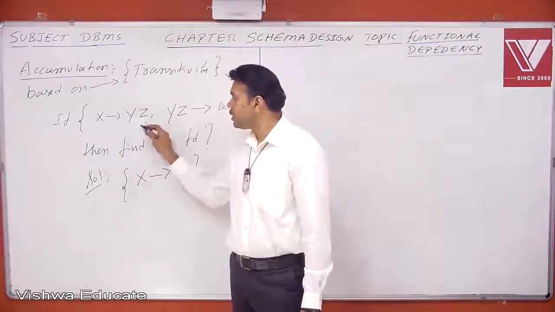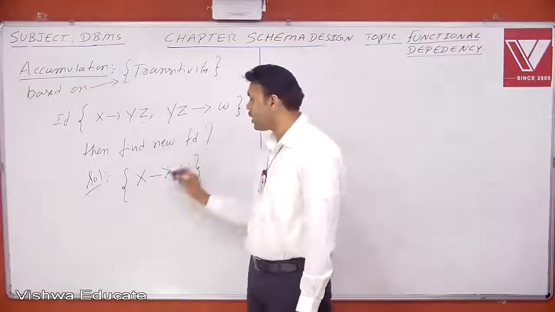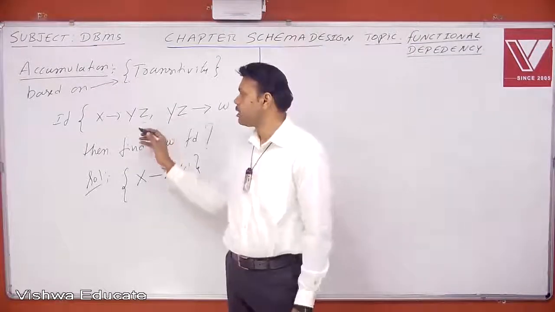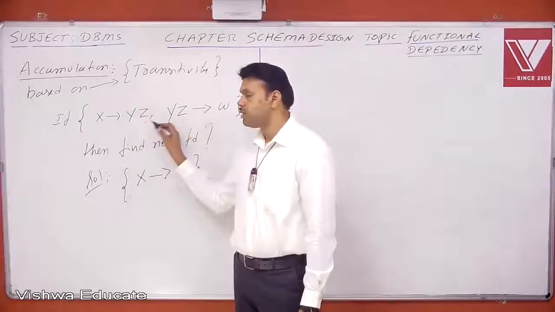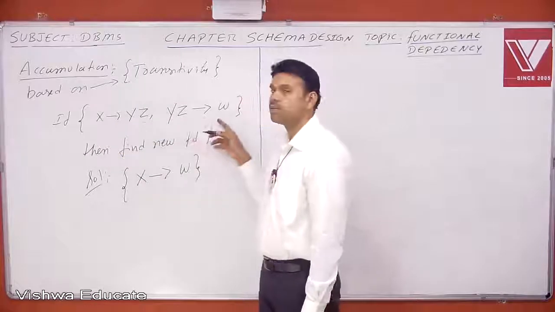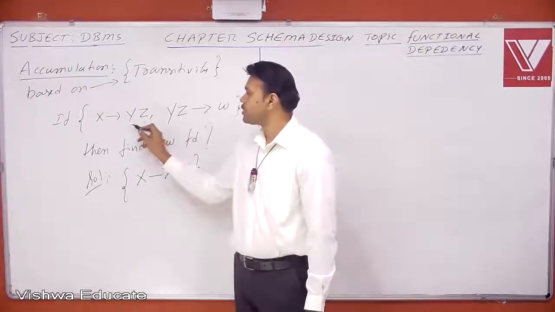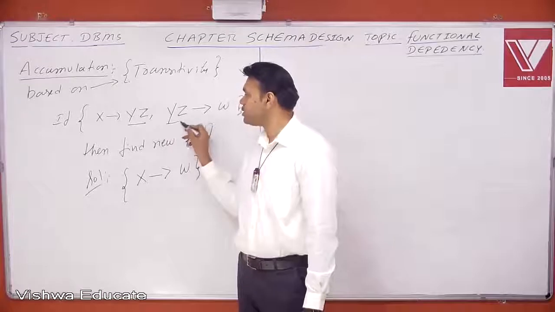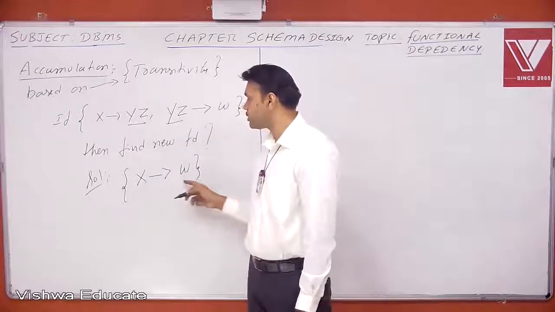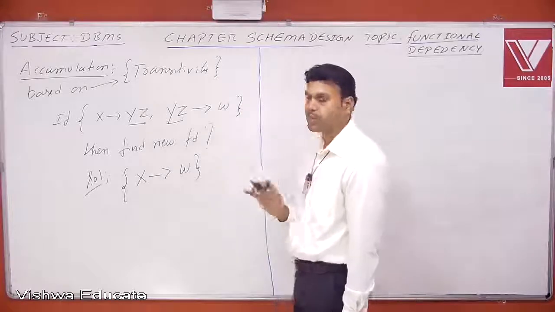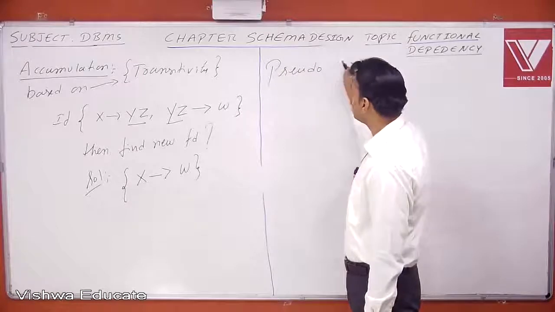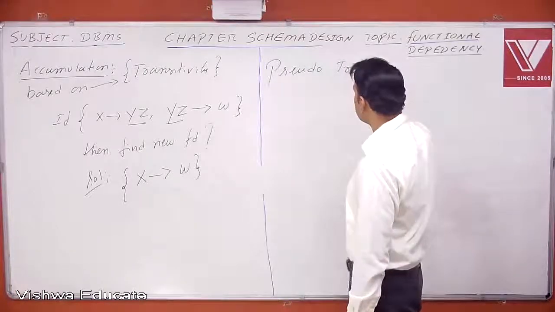A tends to B and B tends to C, I can write A tends to C. In the same way, alpha tends to beta and beta tends to theta, then I can write alpha tends to theta. So x to yz and yz to w, I can write x tends to w. This is accumulation. And the last one is pseudo transitivity.